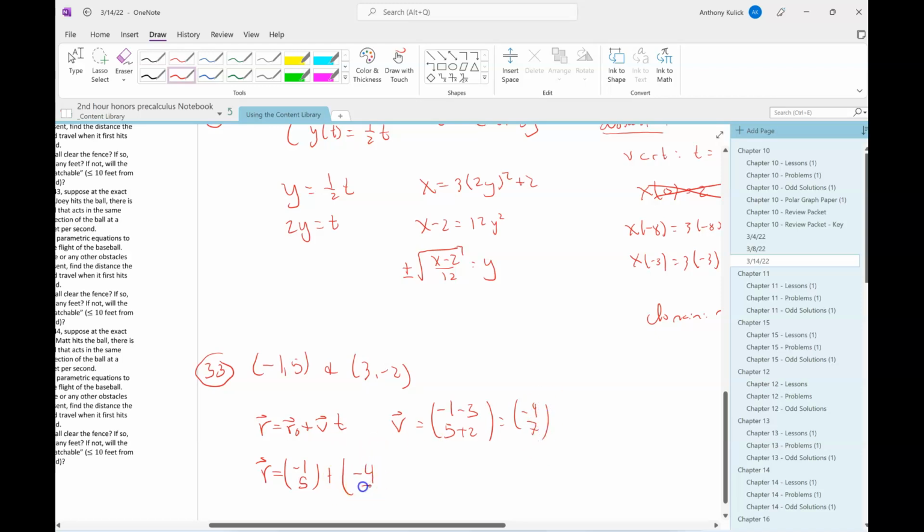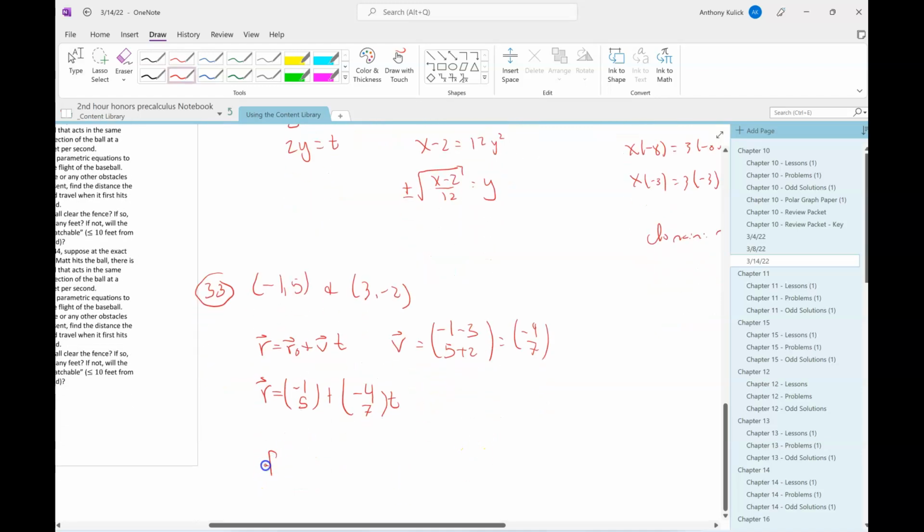So that's -4, 7. So my equation for x is -1 minus 4t. And my equation for y is 5 plus 7t. And then I just have to figure out the interval for t.